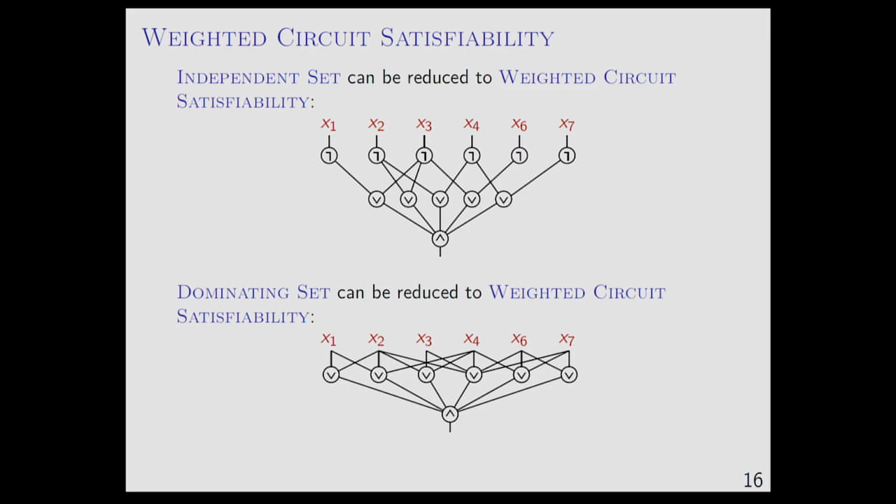So how do I encode this for every edge? Say, for example, x1 and x3 have an edge. Then by negation, I put an OR between them. You will see the second level OR: for every pair of vertices which have an edge, I have an OR between them with a negation. What does that mean? This is set to true only if one of them is set to 0.